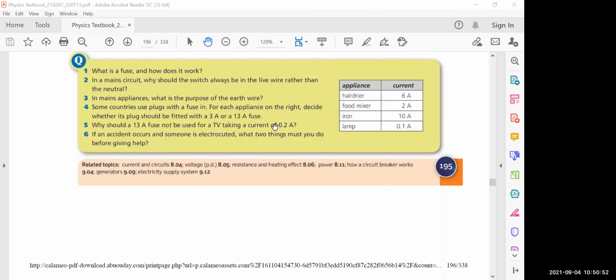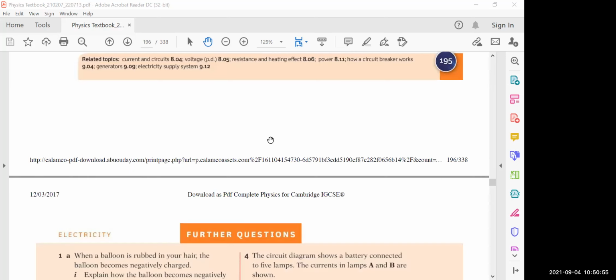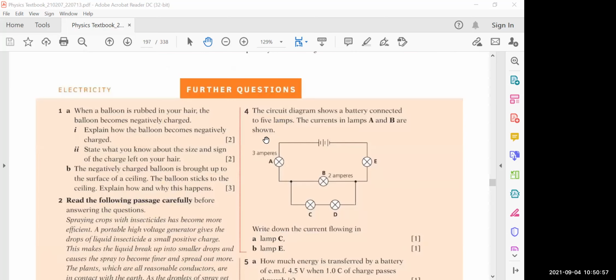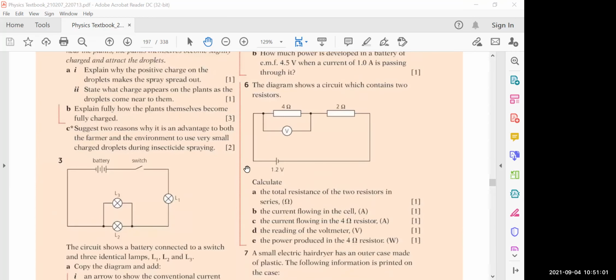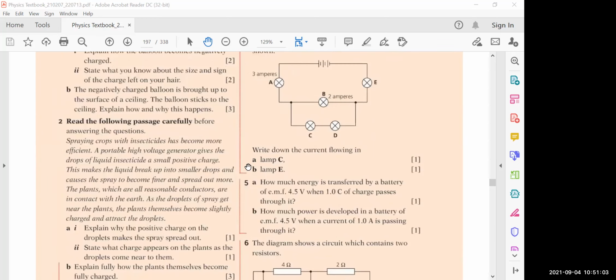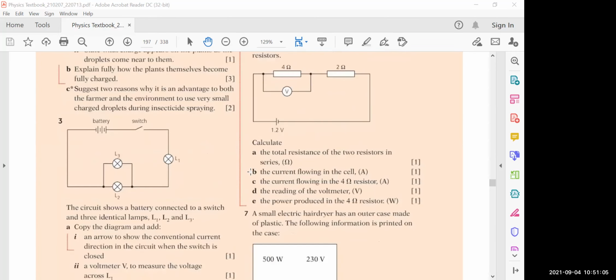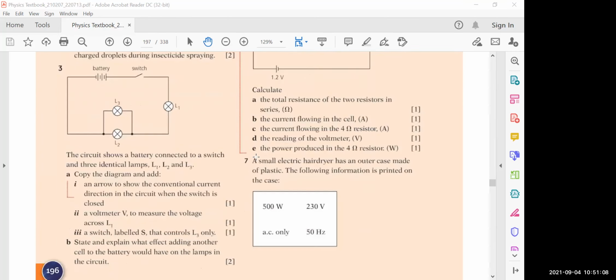Few topics are left in this chapter. We will start in the coming week in class, children. Now I want to take just a few important questions, and I'm not taking question number 1 and 2. You go through them by yourself, and come to question number 3, children. Read by yourself, and just let me know your answer.